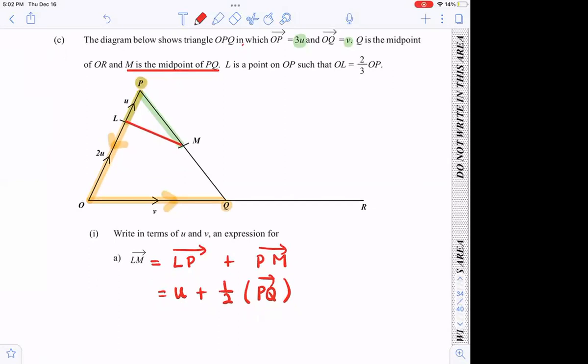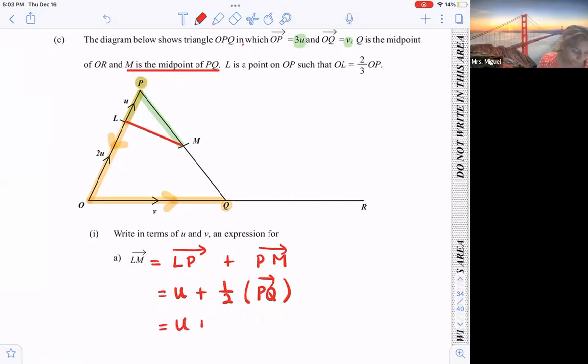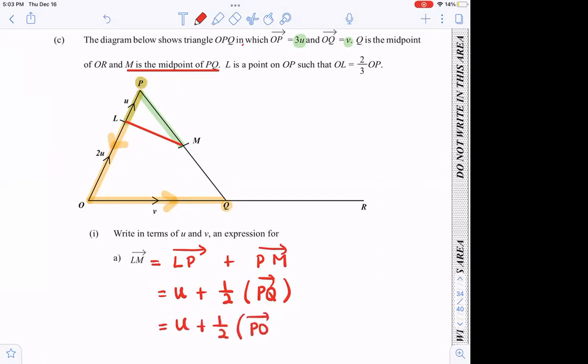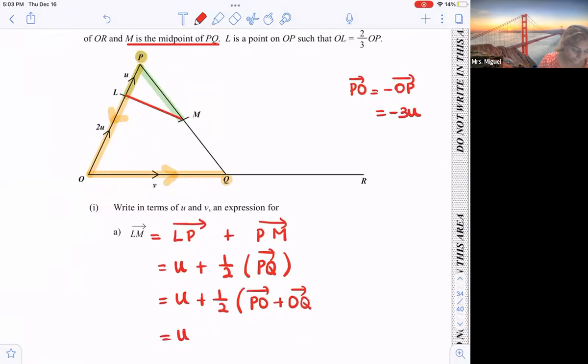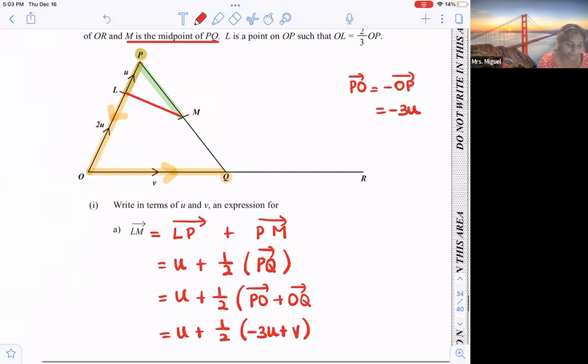So U plus a half PO plus OQ. PO, we're going in the opposite direction, so PO is negative OP. And OP is 3U, so this is negative 3U. And OQ is the vector V.